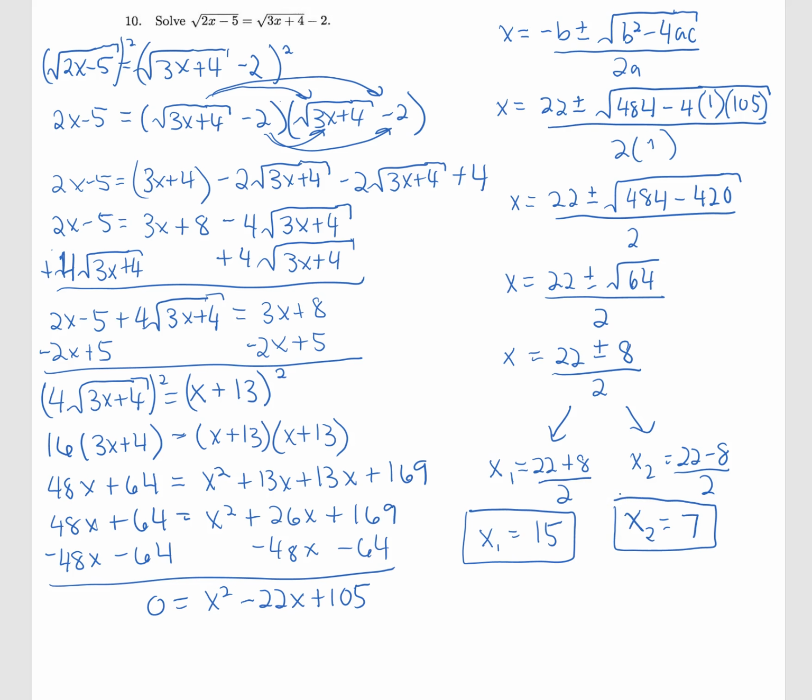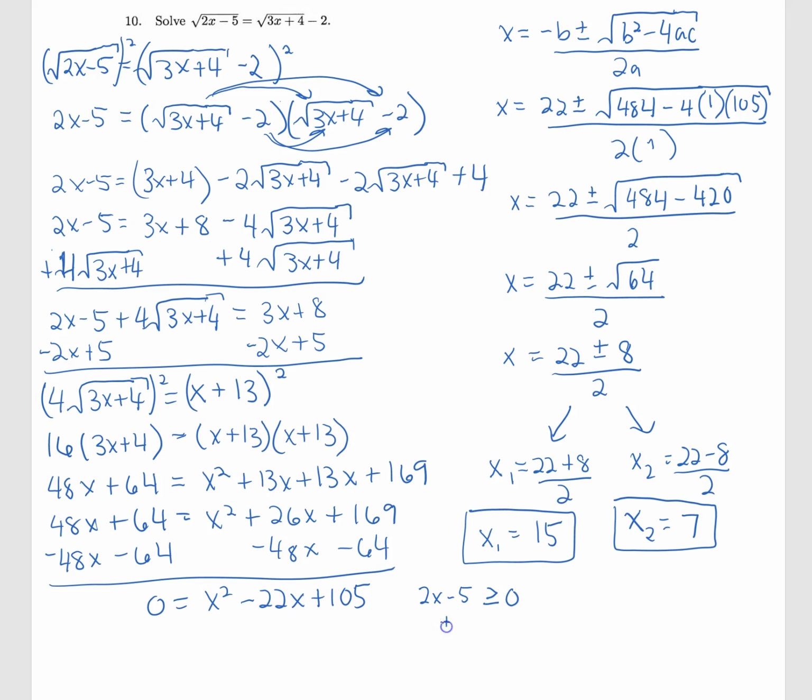Last thing we want to do is just make sure that these values for x work with our original problem, because we know that with a square root sign we can't have a negative number under the square root sign. So we just want to check, we know that the expression under the square root, so 2x minus 5, has to be greater than or equal to 0.